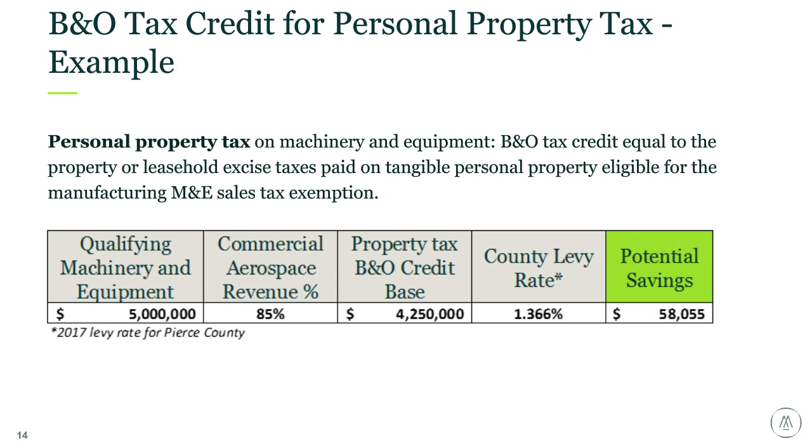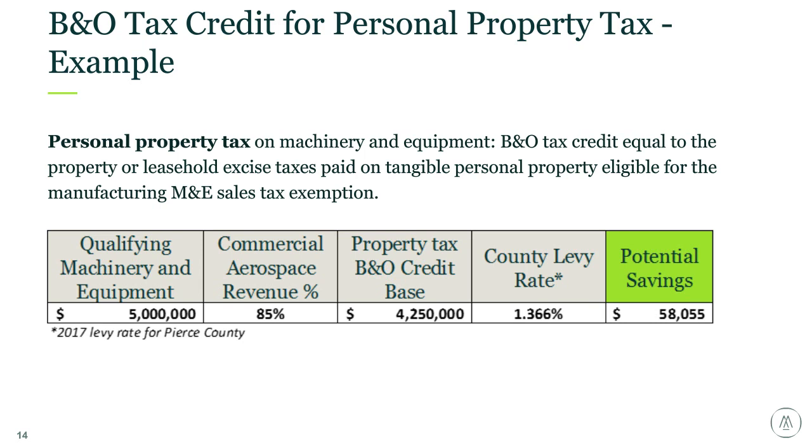You apply that 85% to the $5 million purchase price, or I guess value of the machinery and equipment. Your property tax base would then be $4.2 million. You figure the tax you paid on that to the county, looking at the levy rate, and we've assumed 1.366%, which was Pierce County's levy rate in 2017.